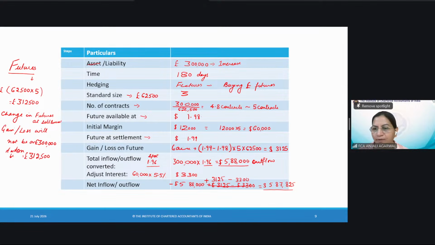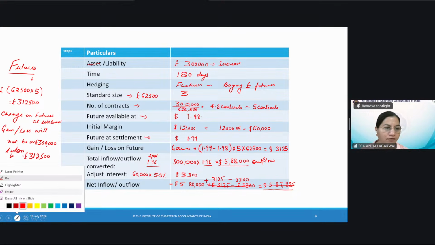So your outflow will be 588,000 has gone. From there, 3,125 is recovered from the futures gain. So your outflow becomes 584,875, but together with interest, it becomes 588,175. It's an outflow.